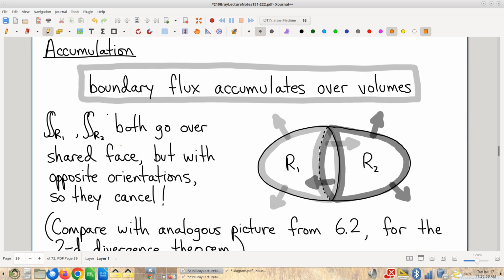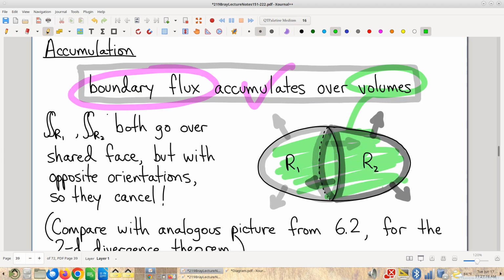We have a new accumulating quantity, and it is boundary flux. Boundary flux is an accumulating quantity. It accumulates over volumes. If you take a volume such as this volume here, and you split it up into chunks, like I have, the light gray on the left and the dark gray on the right, does the boundary flux accumulate? Is the whole the sum of the parts?